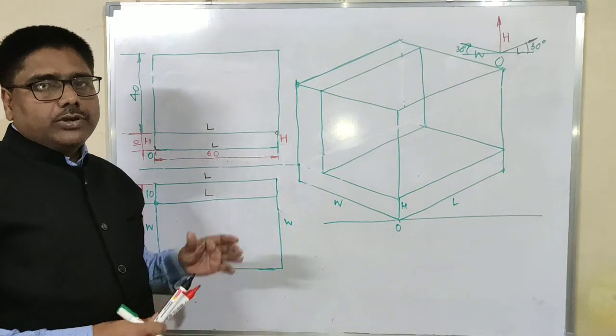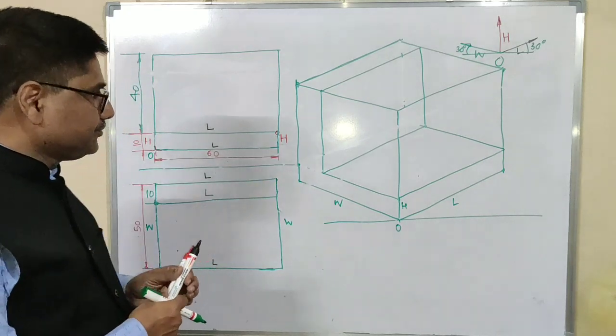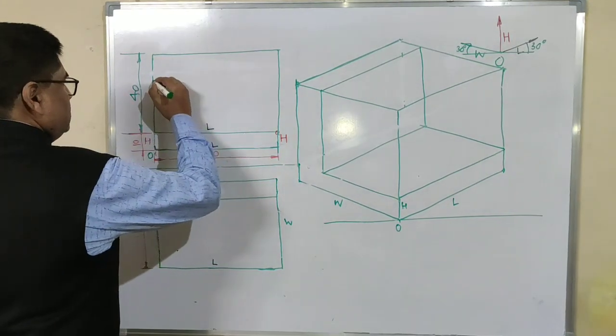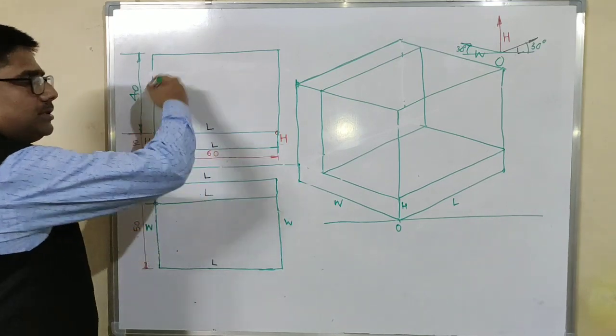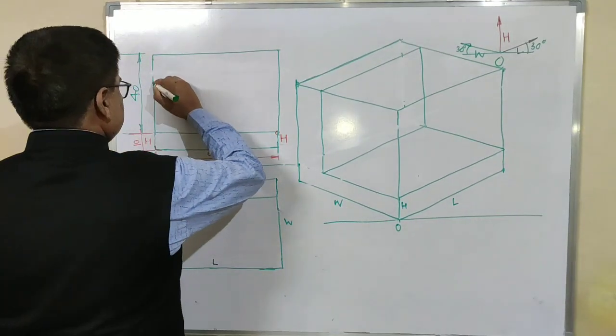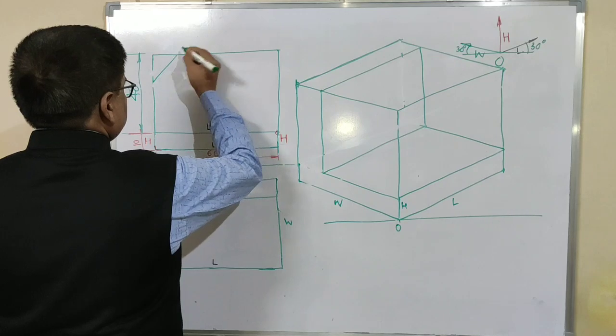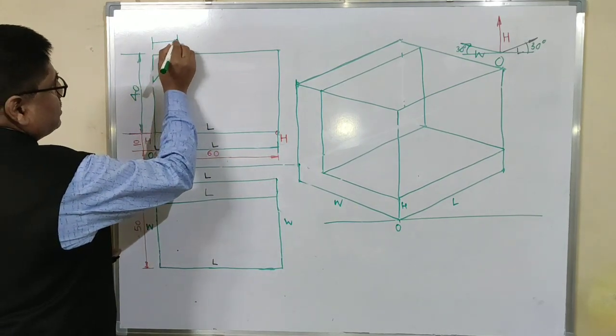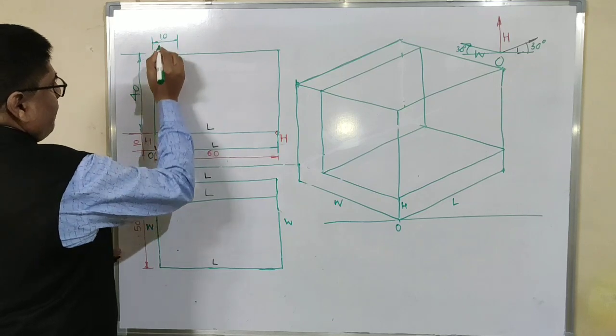Now let's make one more modification. I will chop out this corner, keeping both these dimensions the same.